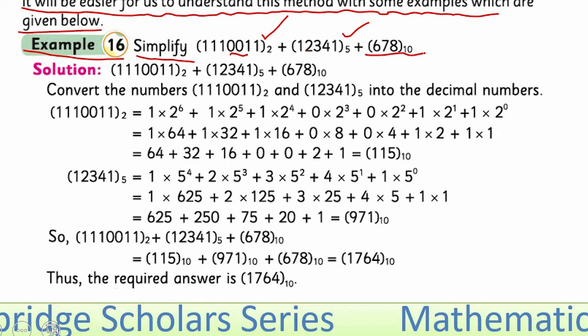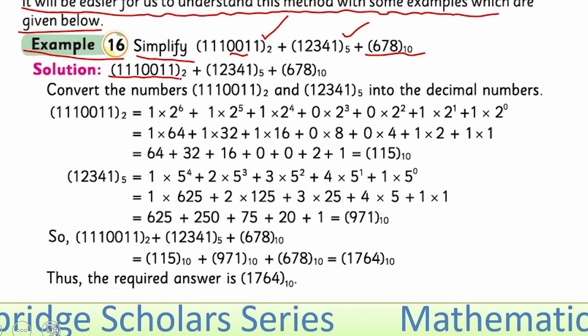If a number is given in base 10, the decimal number system, then you should convert all the other numbers given in different bases into the decimal number system and then add them. So look at the solution.